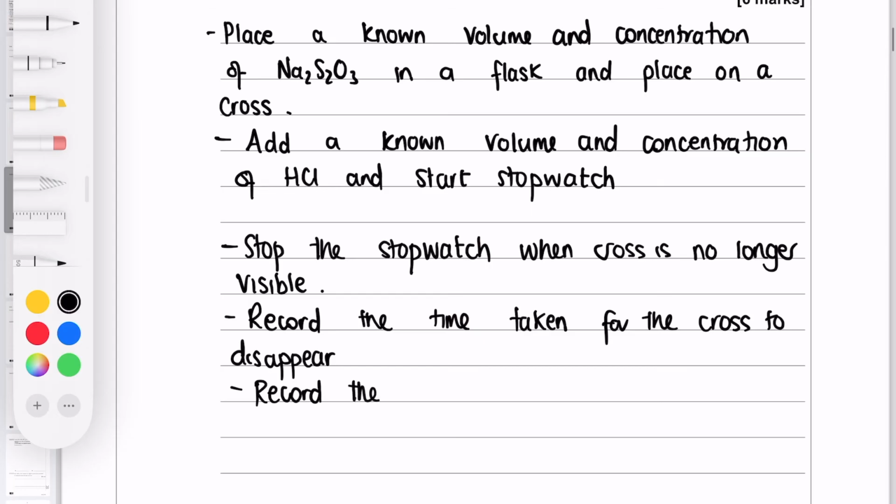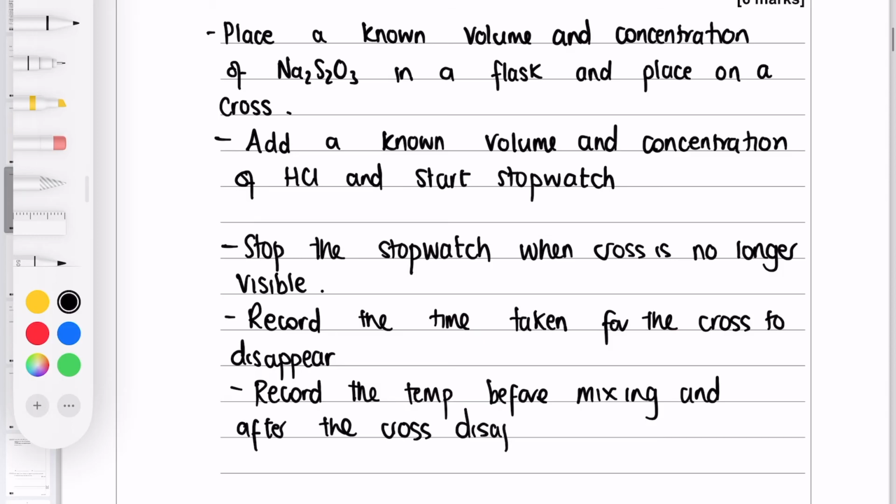And it's a good idea to record the temperature before mixing and after the cross disappears, to allow the mean temperature to be calculated.